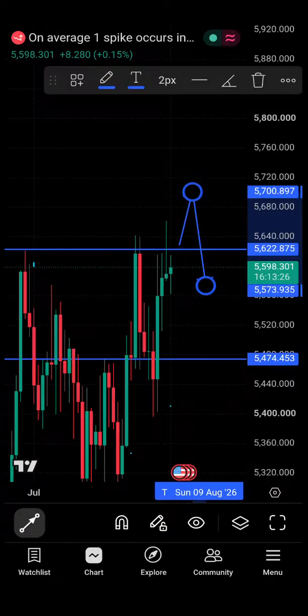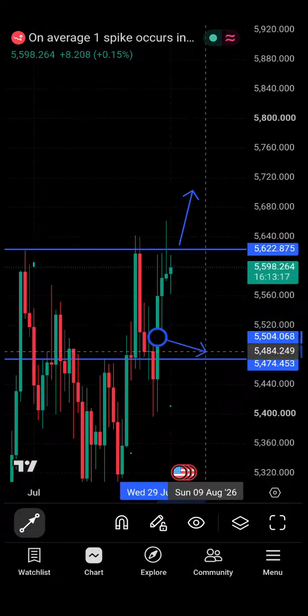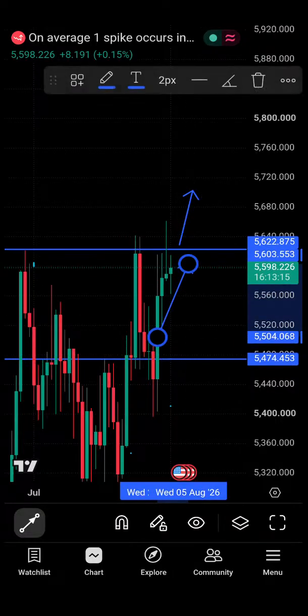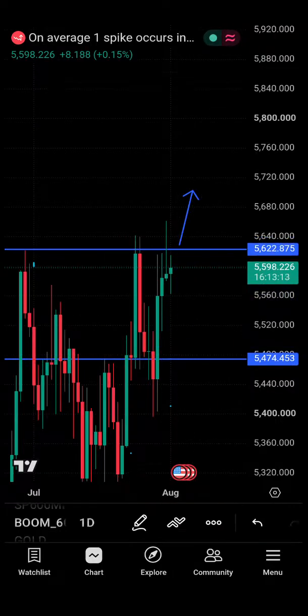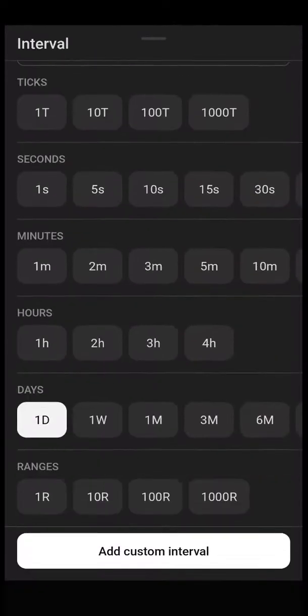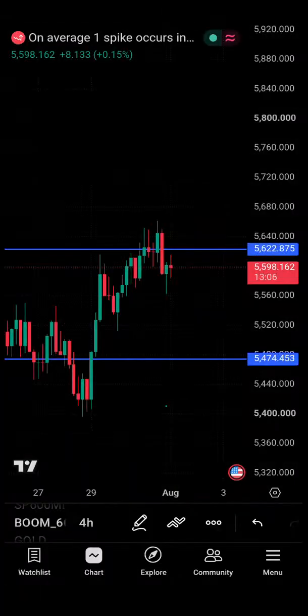But for now, if you're looking to sell, since the market sells when it comes to this area, you need to move to the lower time frame and see if there is any confirmation for you to sell. Let's check the 4 hour.